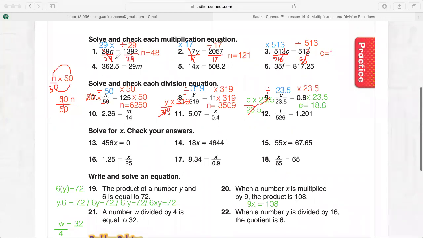Y over 16 equals 6. Give me the final. Y over 16 equals 6.